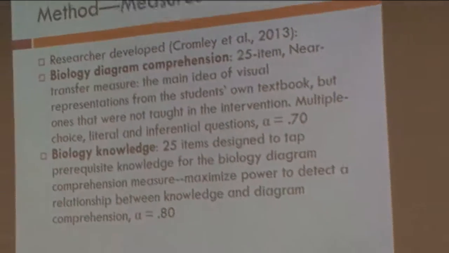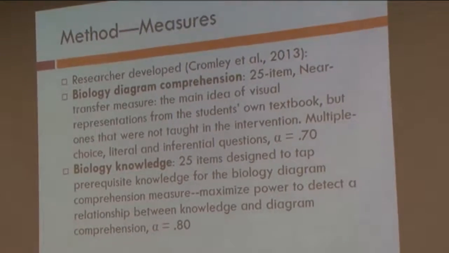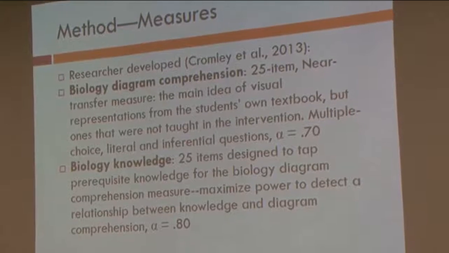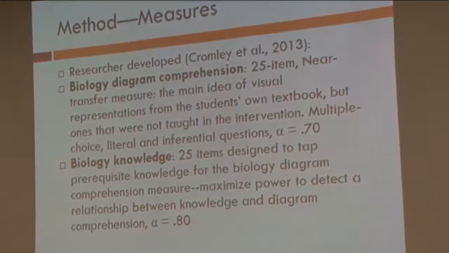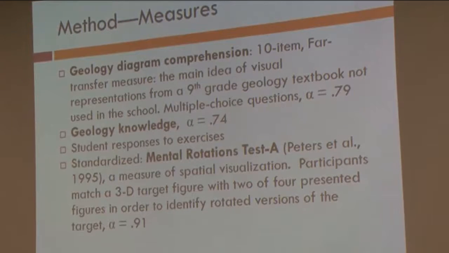We also had a biology knowledge measure just to make sure that the diagram stuff wasn't only about knowledge. And then we were thinking, if that was a near transfer measure, could we show any far transfer? Nora Newcomb was part of this project, and she was really interested in geology as a transfer domain.